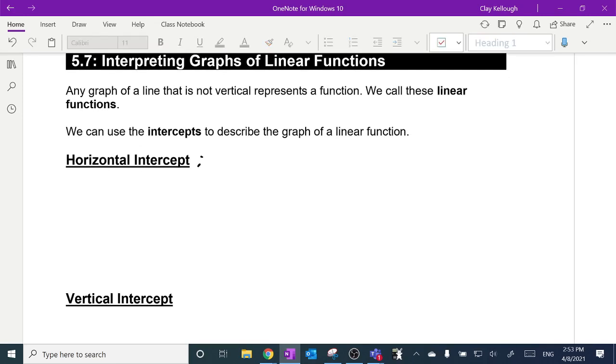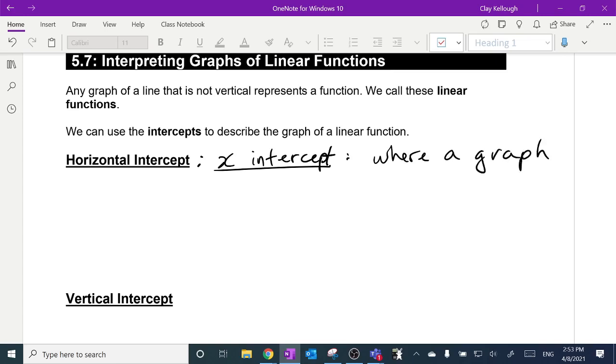Intercepts. Horizontal intercept, also known as the x-intercept, is where a graph crosses the x-axis. And remember, the x-axis is the horizontal line. That's why it's called the horizontal intercept.